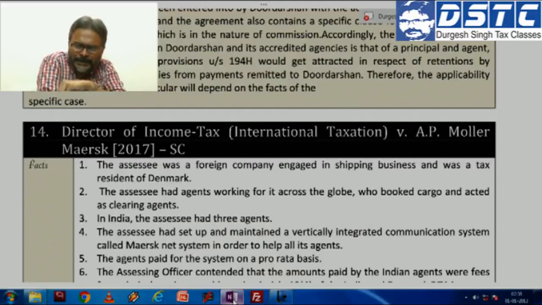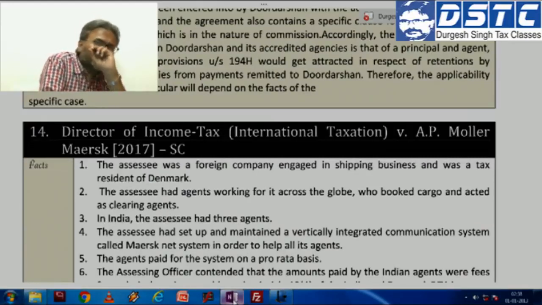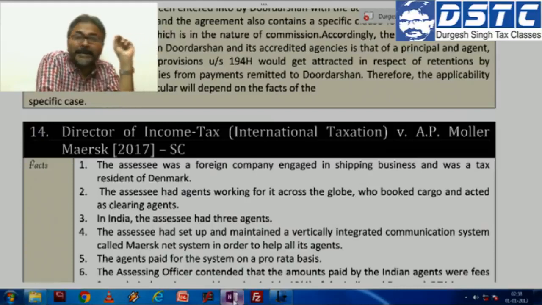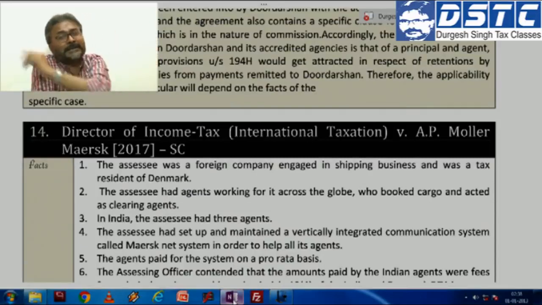What was the role of the agents here? The role of the agents was to ensure that whenever orders are received, they directly put their order in an ERP system which shall be provided by the multinational company to all its agents.